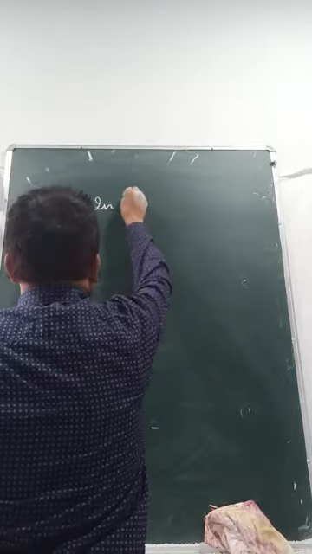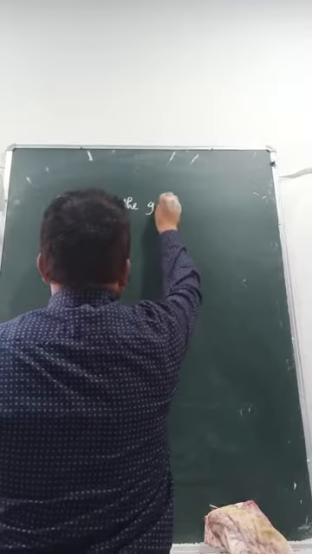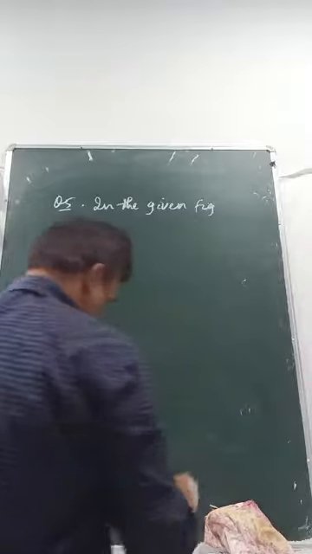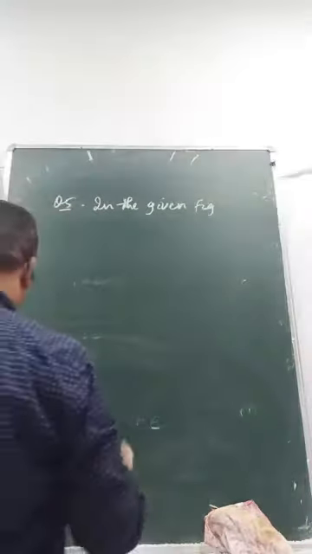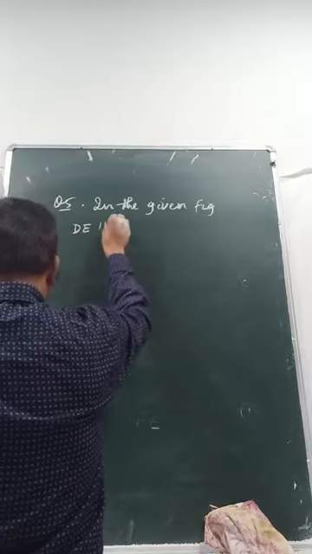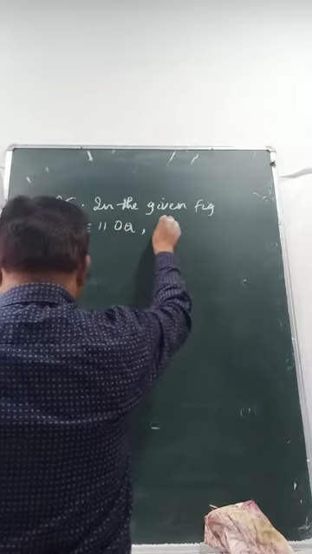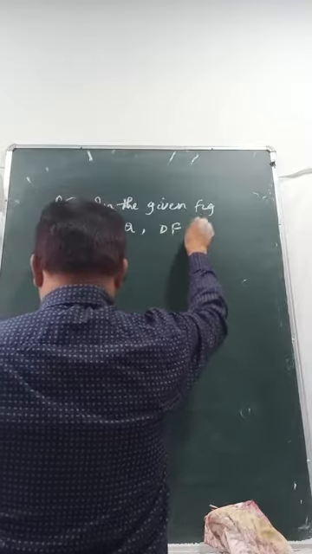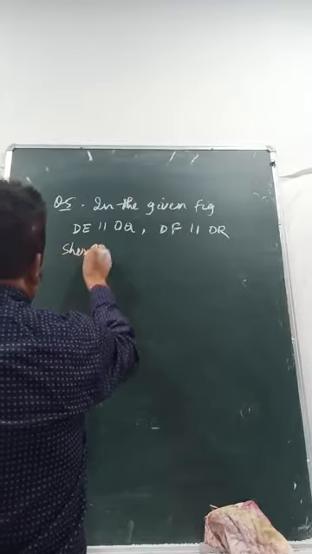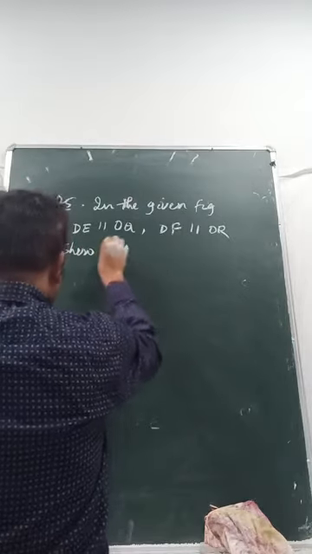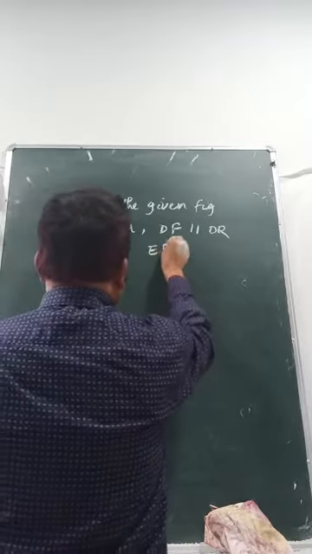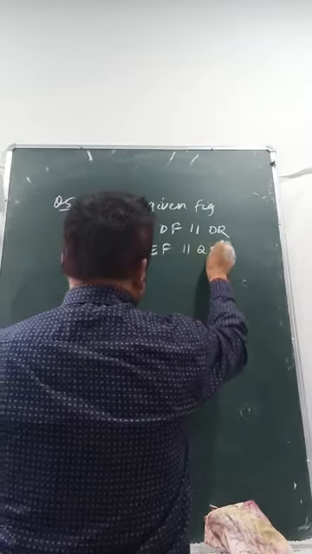In the given figure, DE is parallel to OQ, DA is parallel to OR, so that EF is parallel to QR.